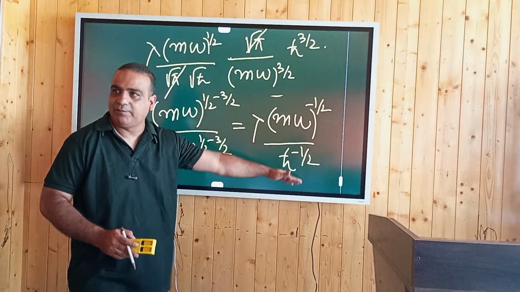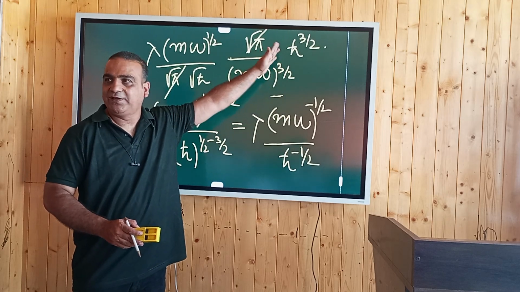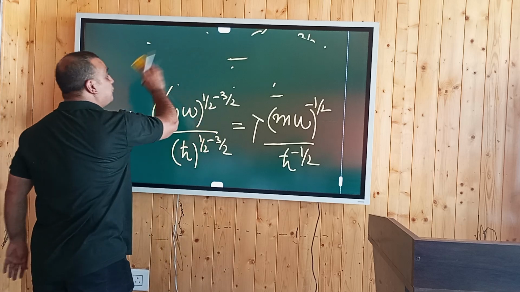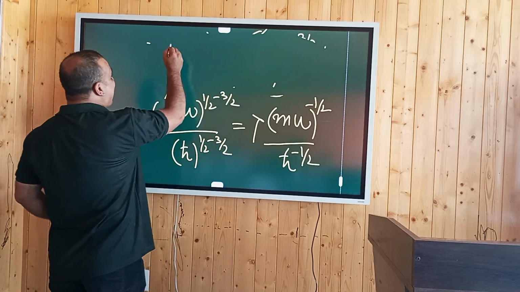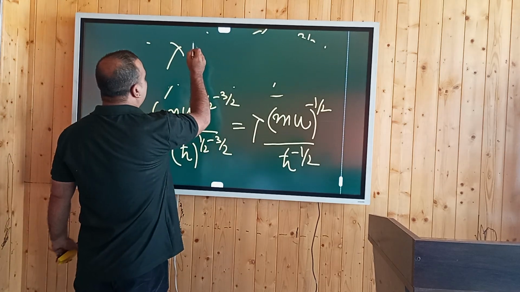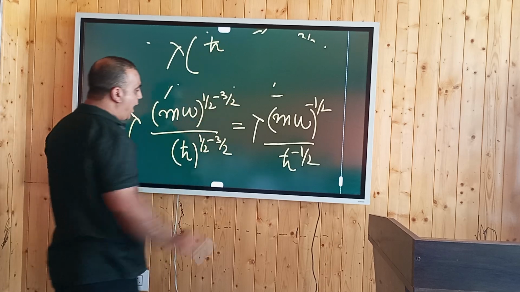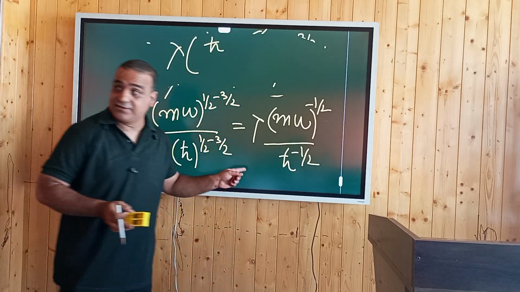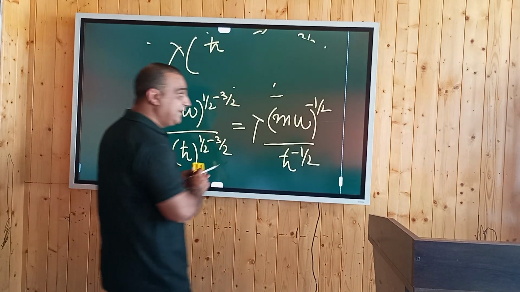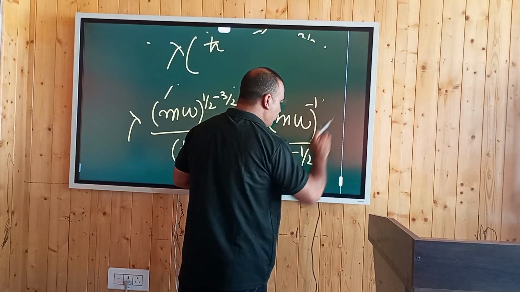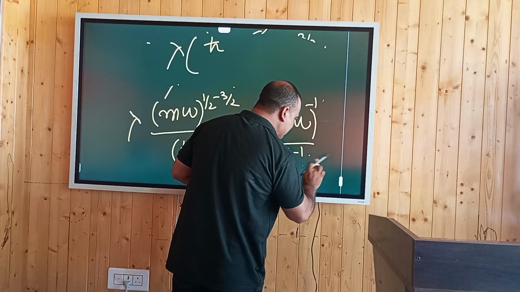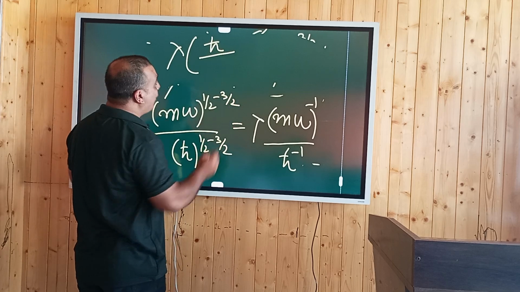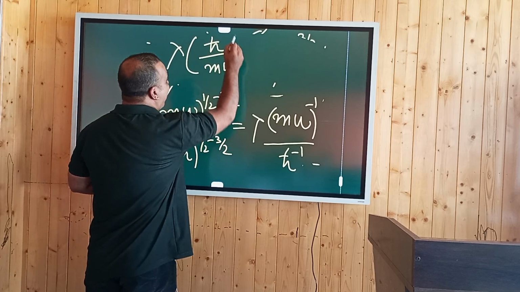The denominator will become the numerator, and the numerator will become the denominator, and you will have the final correction that you were interested in calculating. So you will have lambda times h bar, minus 1. In both cases we'll have the minus 1. I did it wrong, so it has to be minus 1. Finally, this is h bar by m omega. That's it.